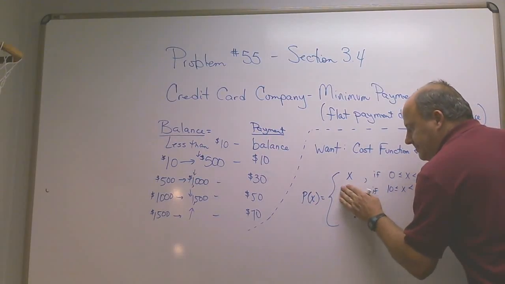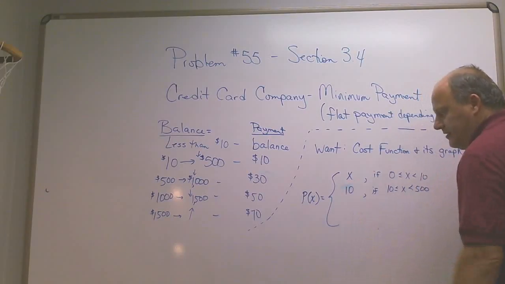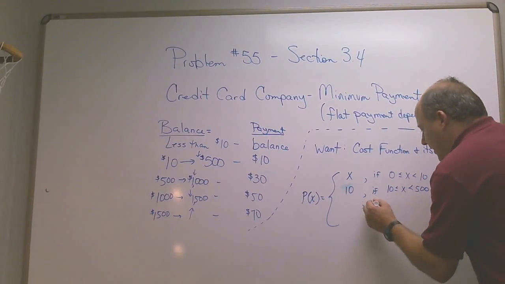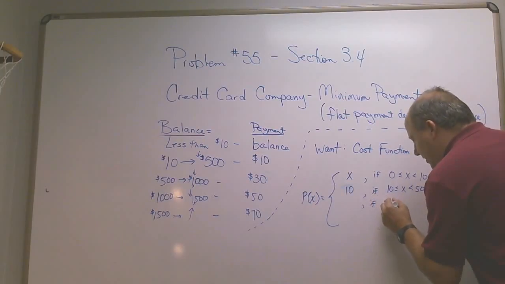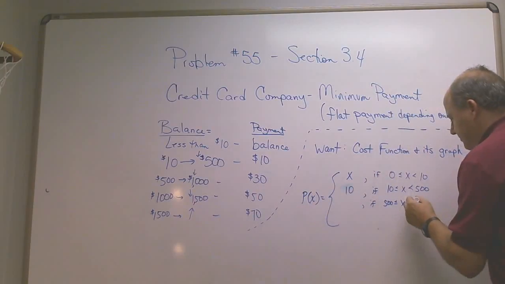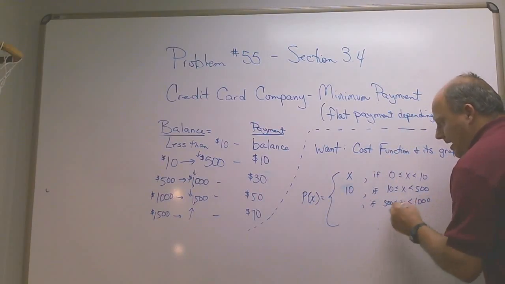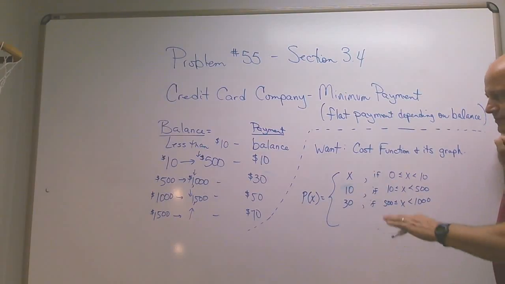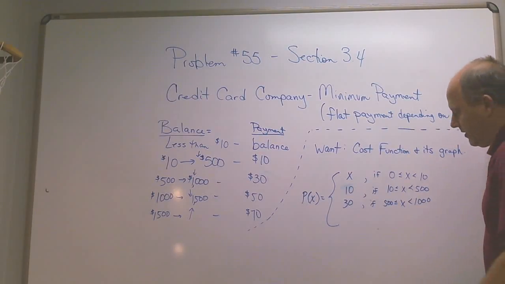Now I just put 10 there. Dollar sign is understood. Then if it's between $500, including, up to $1,000, you have a payment to make of $30. And then it's pretty much the same all the way down.